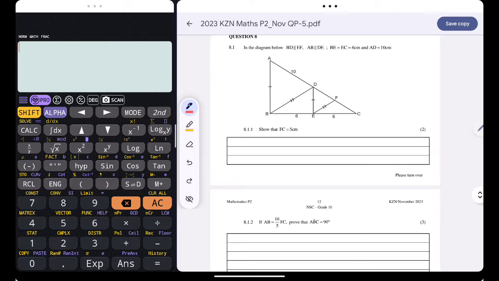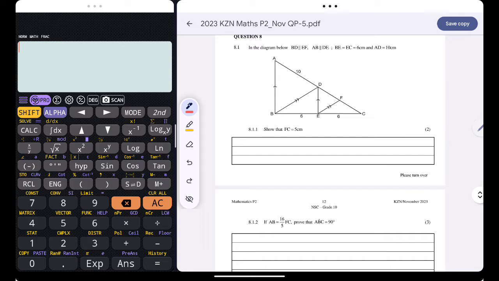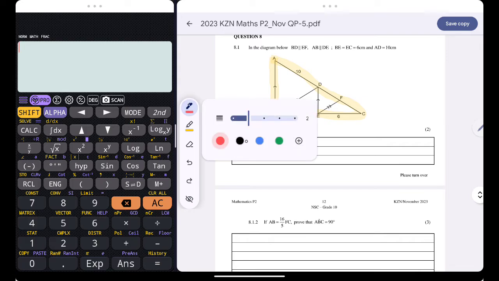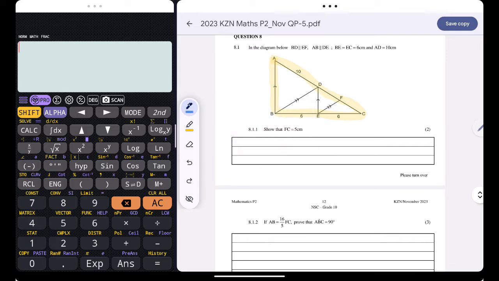If we focus on triangle ABC, the bigger triangle over there, let me use highlighters. If we focus on this big triangle over here, all right, together, we can see that we have a line which is parallel to one side of a triangle. This line is parallel to this one, and that line divides one of the sides equally.